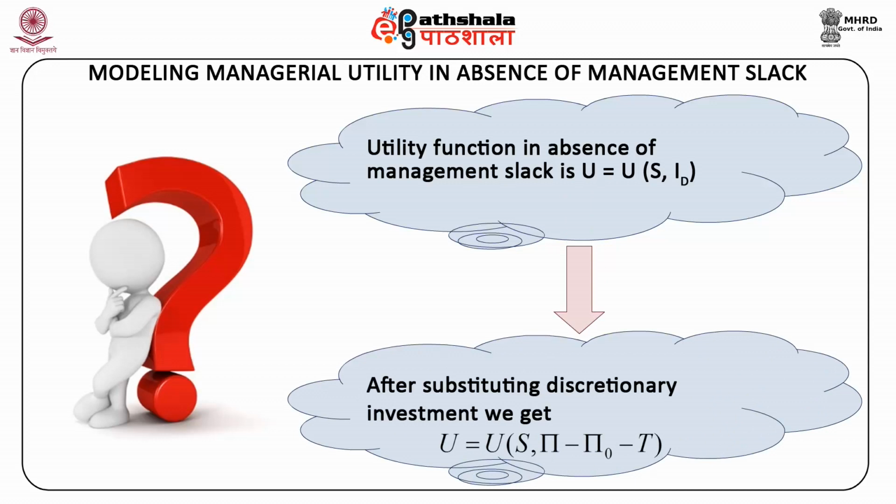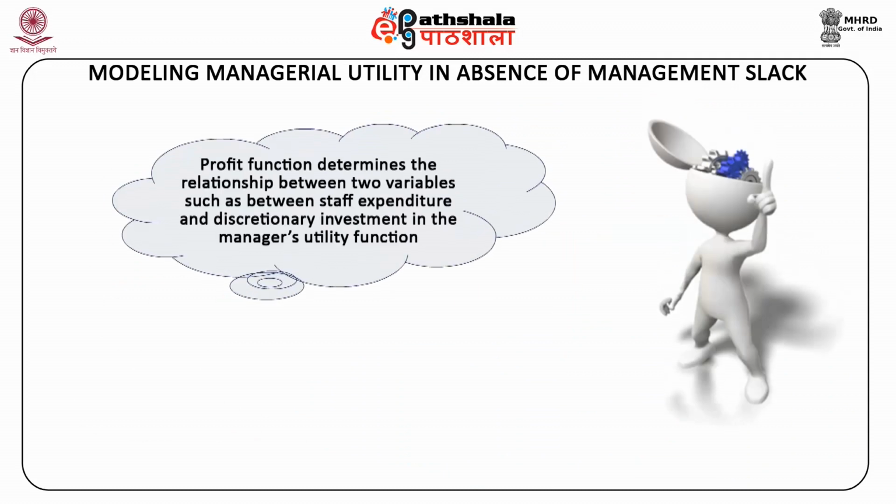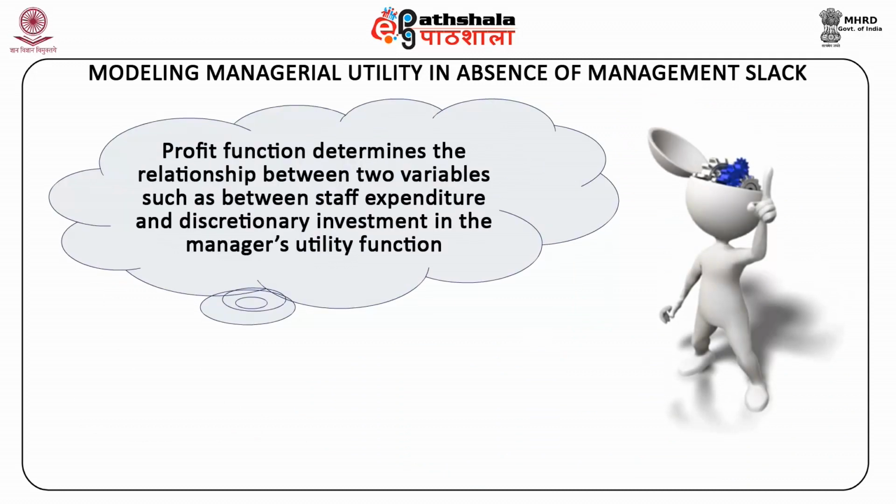Substituting discretionary investment in equation 11, we get u is a function of s and pi minus pi 0 minus t, where discretionary investment id is equal to pi minus pi 0 minus t. Profit function determines the relationship between two variables, such as between staff expenditure and discretionary investment in the manager's utility function. Demand and cost condition of products determine the profit level of a firm.